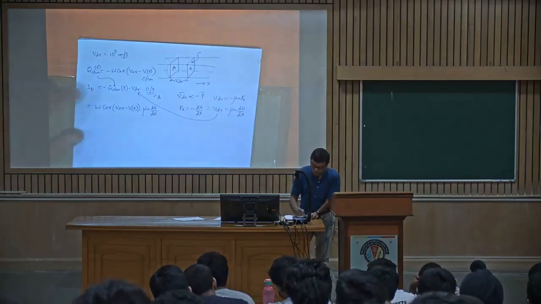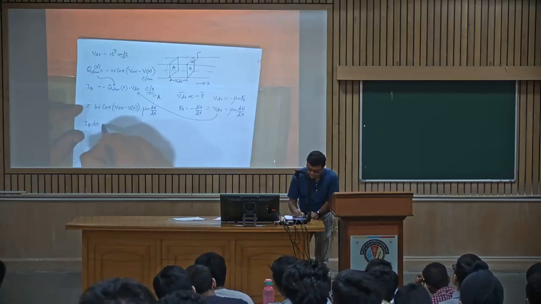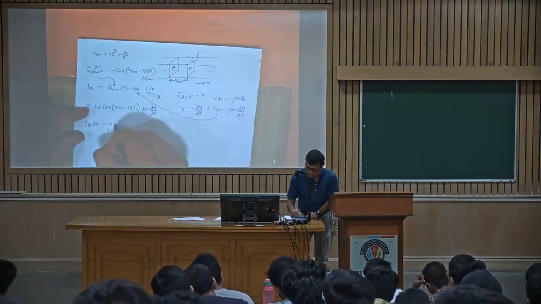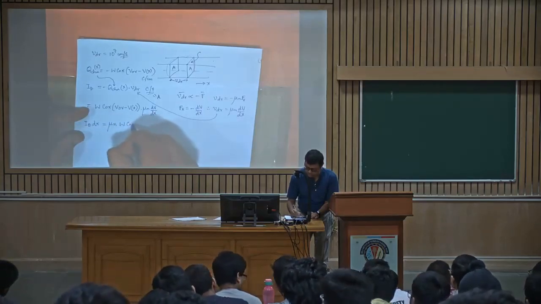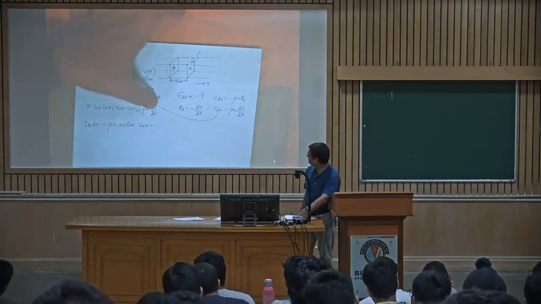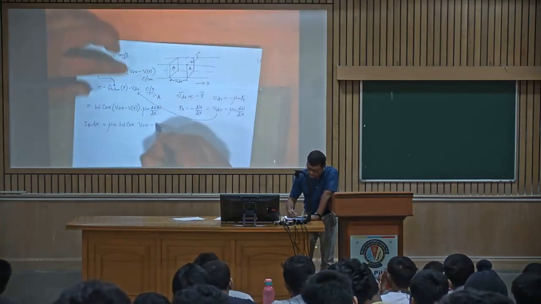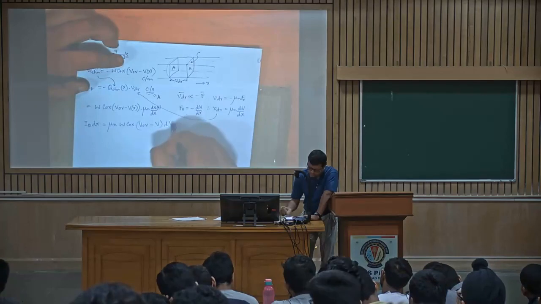So if we just put it like that, ID dx is equal to mu n W Cox (VOV minus V). Notice that this dV is also a function of x only, right? So that we can write simply (VOV minus V) dV like that.